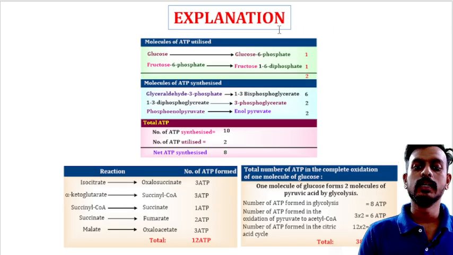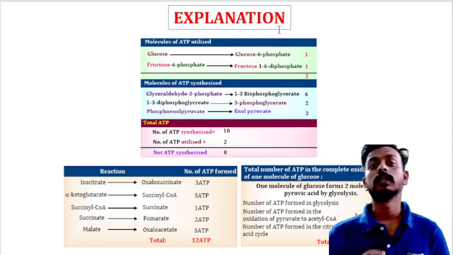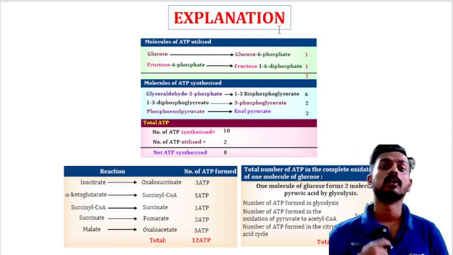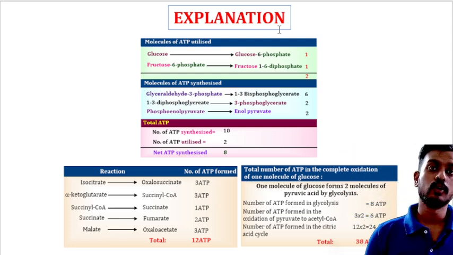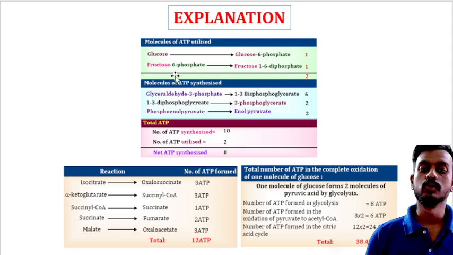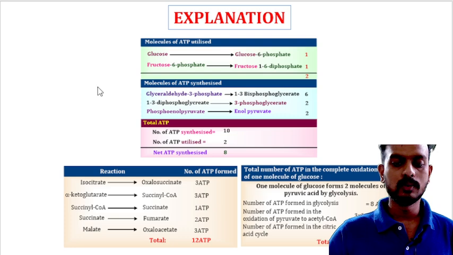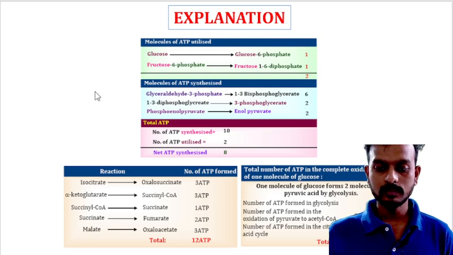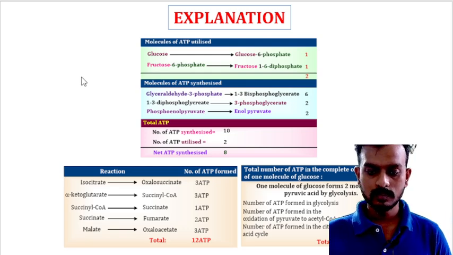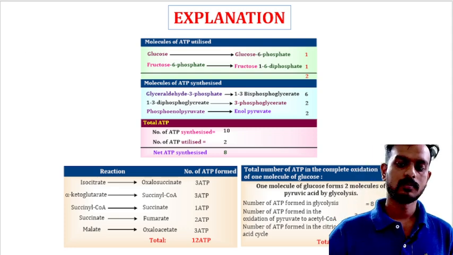Total 38 ATP will be produced during aerobic oxidation of glucose. So you can remember like this.